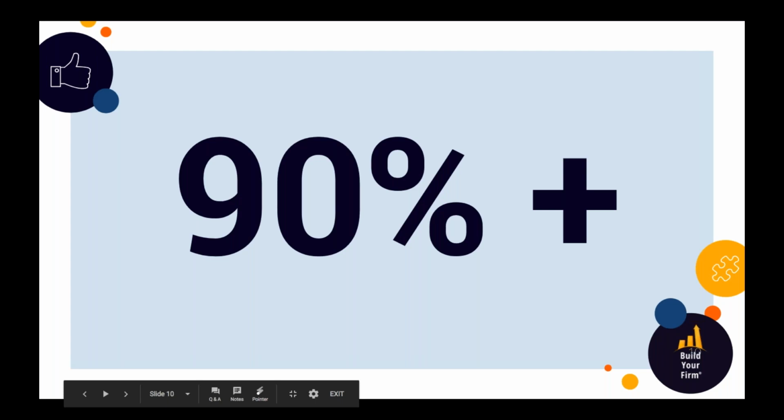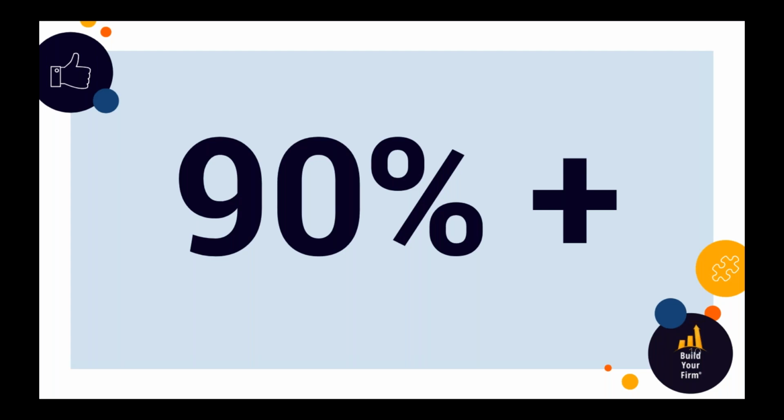Now, the reason that we know content marketing works for accountants is not only because we've been doing the legwork for our clients and seen results, we've been doing it for many, many years, but we also understand what it takes to be successful in getting found online by prospective clients. We know that over 90% of people turn to the internet to find professional services like accounting services and tax services.